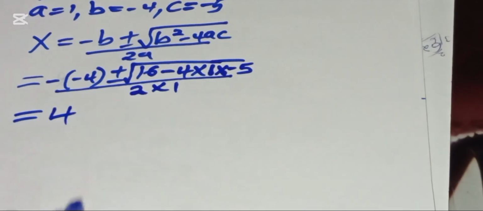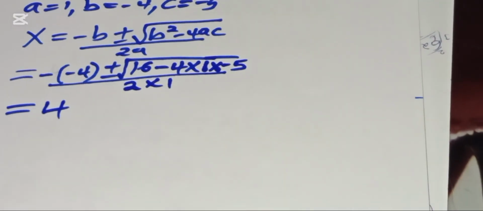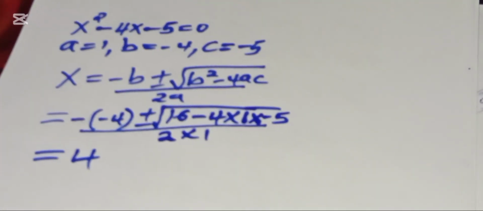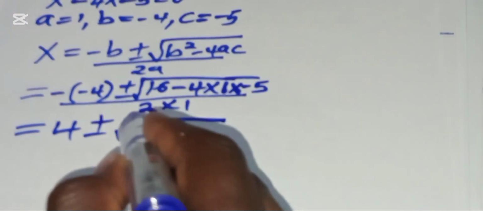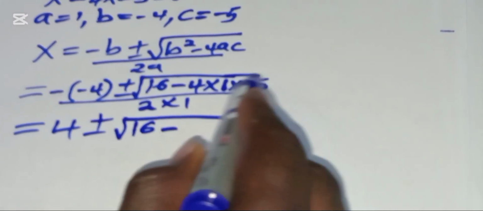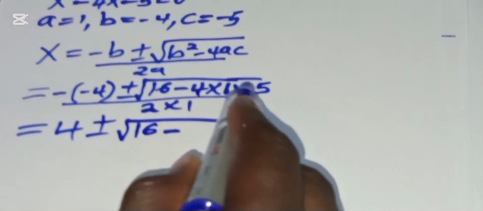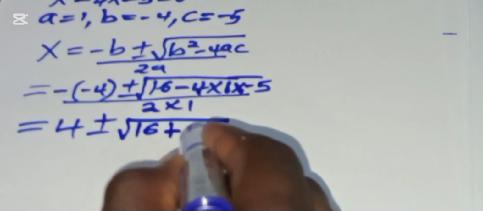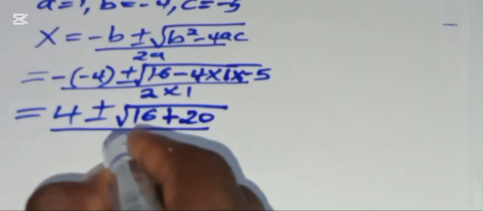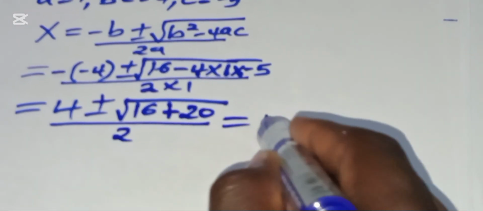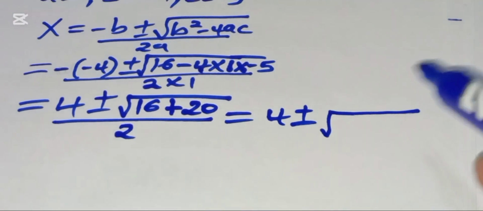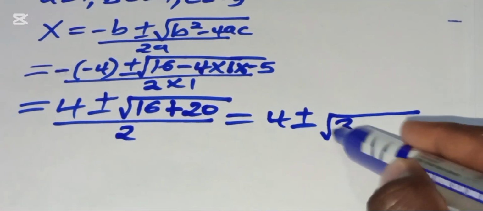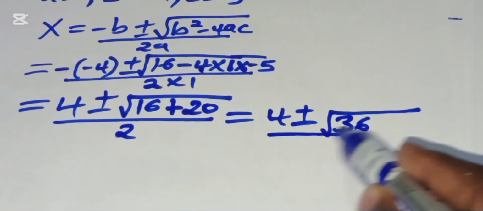So negative times negative 4 is 4, plus or minus the square root of 16 subtract negative 4 times negative 5, which is plus 20, divide everything by 2. So this is 4 plus or minus the square root of 16 plus 20, which is 36, divided by 2.